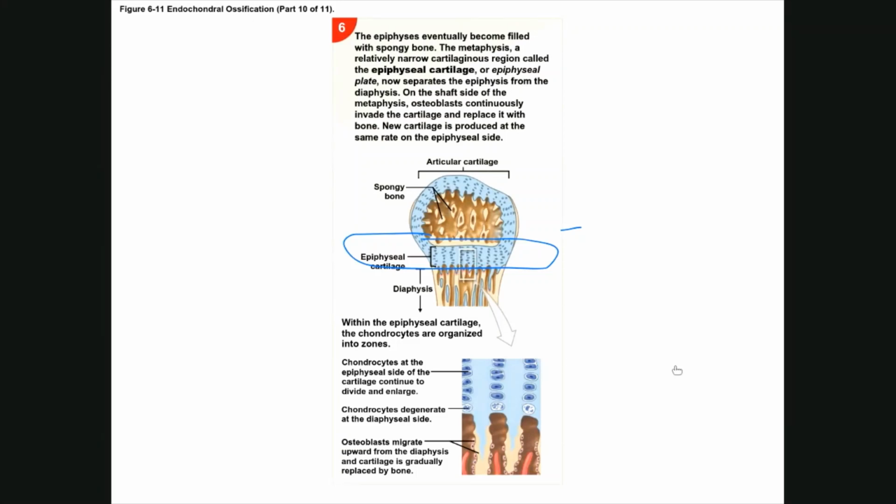For example, this end over here we call the diaphysis, and this end over here is called the epiphysis. In this area you can see the cells started to grow, the chondrocytes, and they're going through various stages, but the important thing is this.